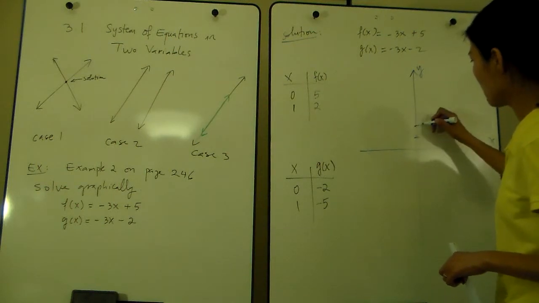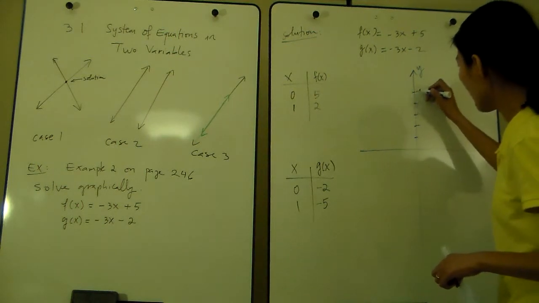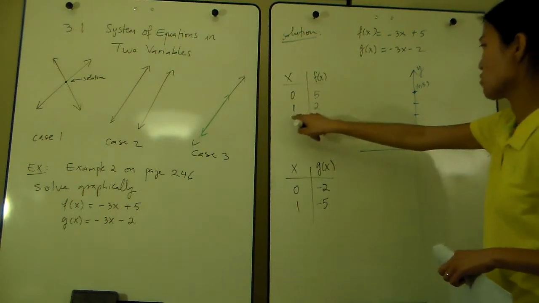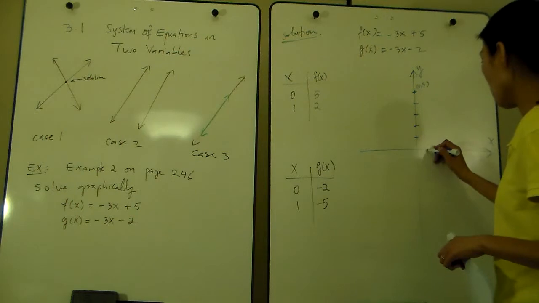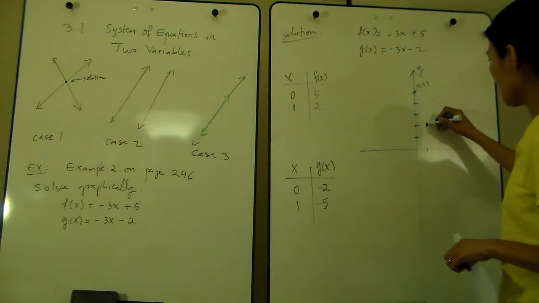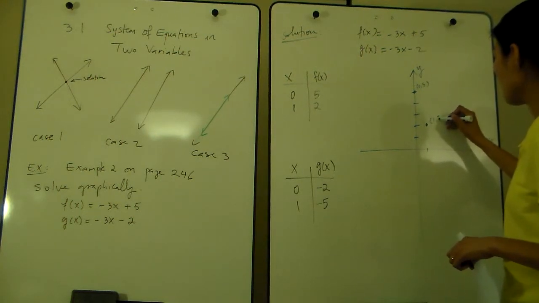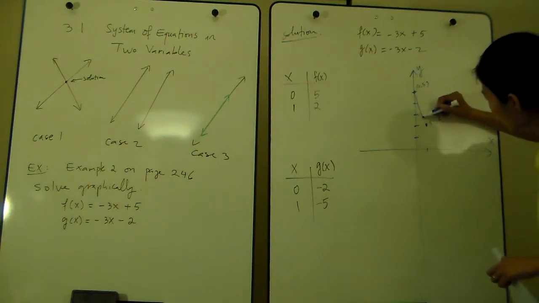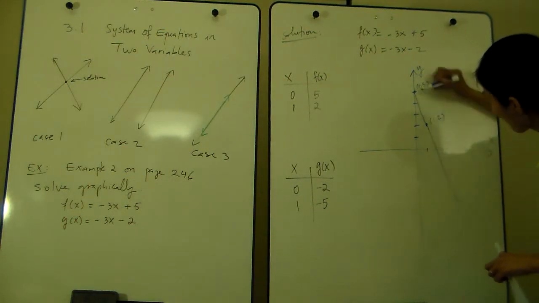So 1, 2, 3, 4, 5. So this point right here, 0, 5. When x is 1, y is 2. So x is 1 right here, y is 2 is up here. So 1, 2. If you have 2 points, you can draw a line, and this line goes through the 2 points.